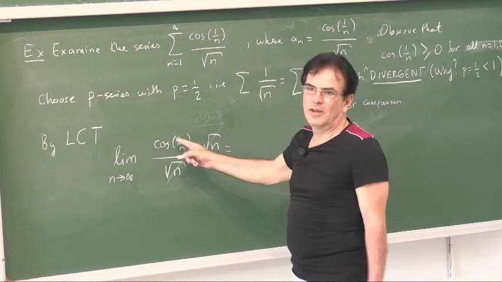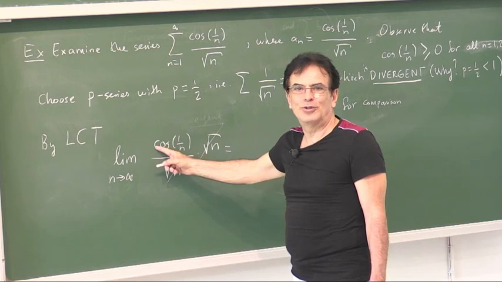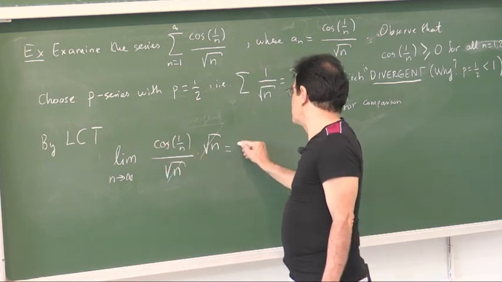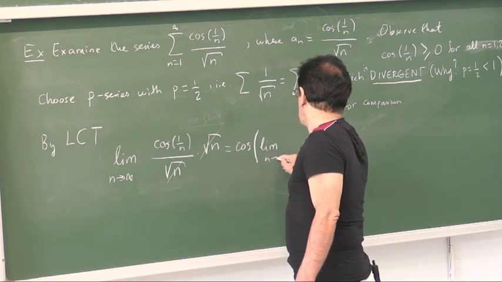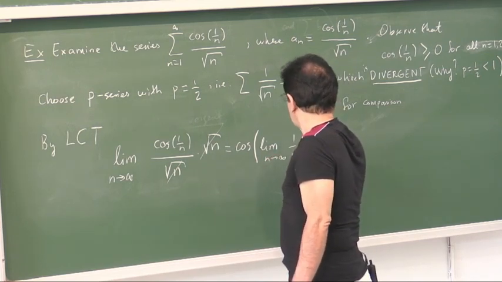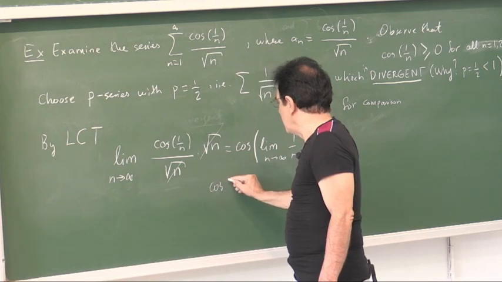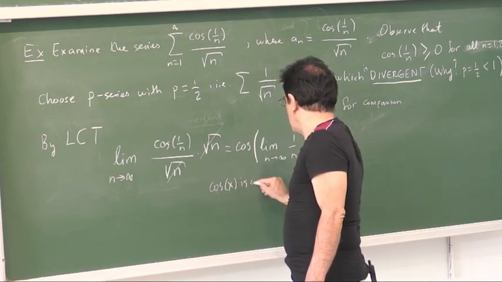Cosine is a continuous function, so this is cosine of the limit as n goes to infinity of 1 over n.